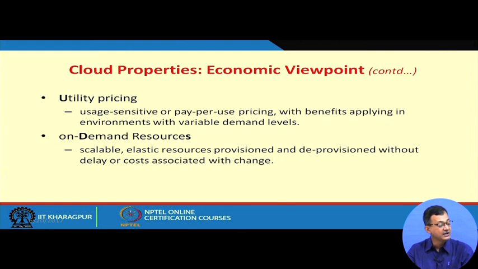So, scalable elastic resources are provisioned and deprovisioned without delay and cost associated with the change. There should be minimal human or managerial involvement, so that as I go forth, my resource provisioning and deprovisioning happens.